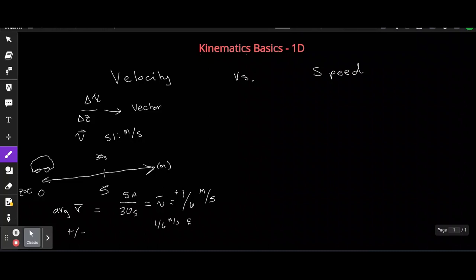Next, we have speed. Speed is distance traveled over elapsed time, and that means that average speed can be greater than velocity in some cases, because we saw that distance is sometimes greater than displacement.